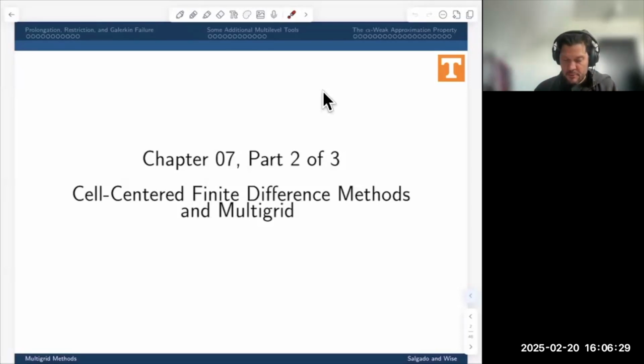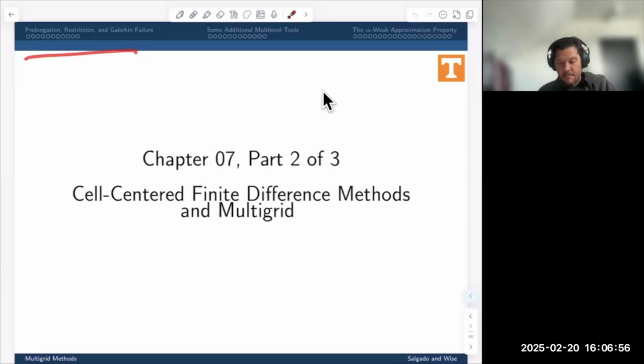Last time we talked about the prolongation and restriction operators for the one-dimensional cell-centered finite difference case. We went over the fact that the Galerkin condition in the standard setting fails, but we have this thing called the imbalanced Galerkin condition that still holds, and this is going to allow us to carry out our theory.